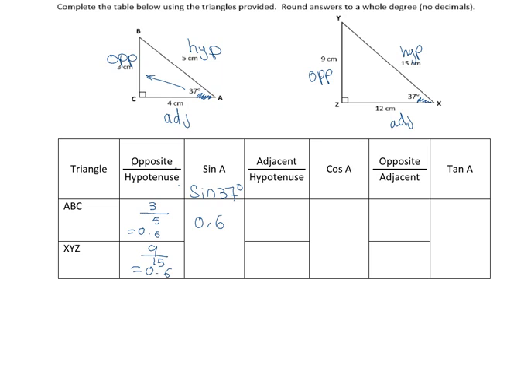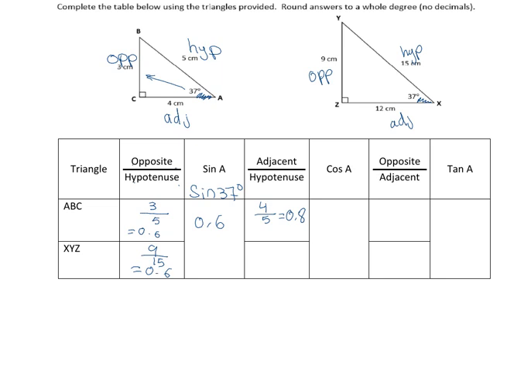Then we're going to do adjacent over hypotenuse for triangle ABC. In triangle ABC, what's your adjacent? 4, and your hypotenuse is 5. What's 4 over 5? 0.8. We're going to do the same thing for triangle XYZ.